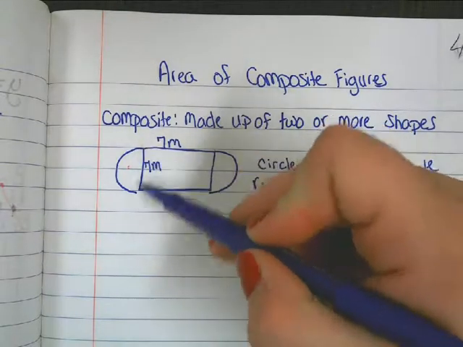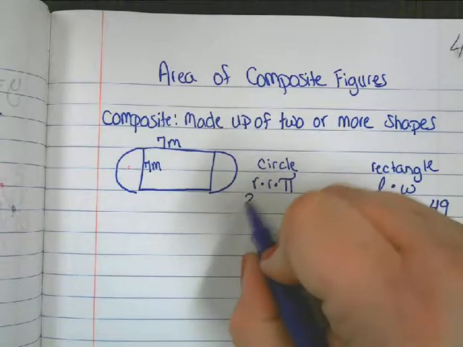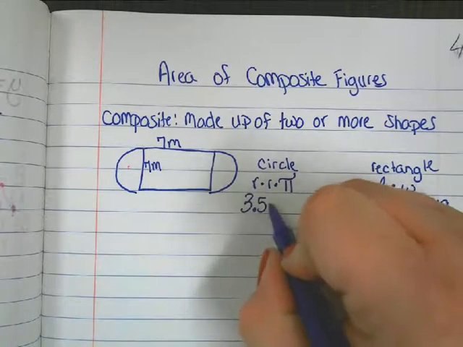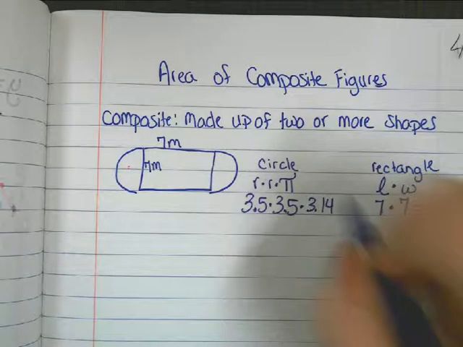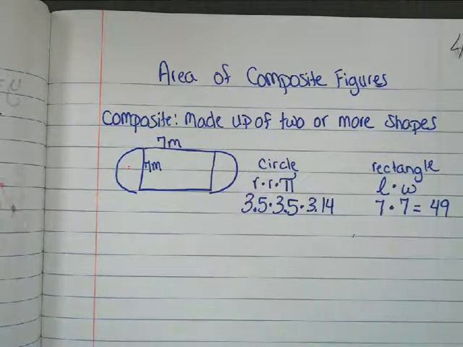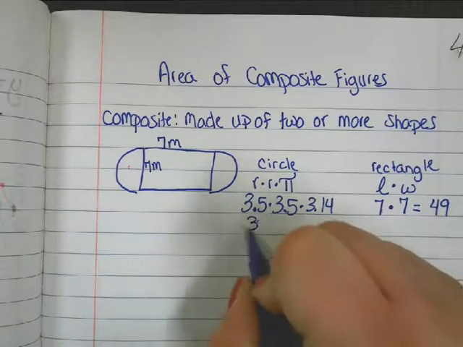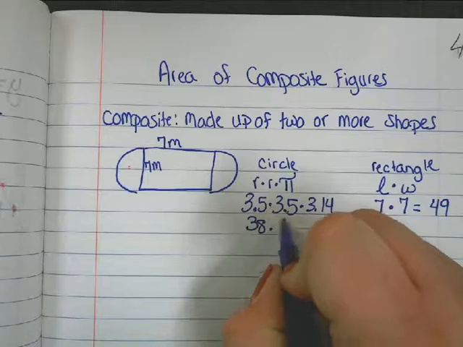So 3.5 times 3.5 times 3.14. On your calculator, multiply 3.5 times 3.5 times 3.14. That's 38.5, rounding. So I have my circle and I have my rectangle.